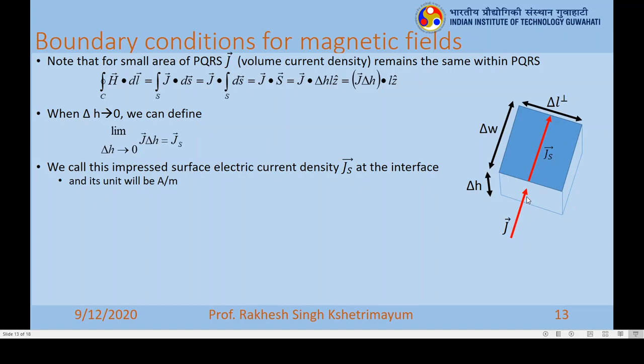Current flowing in the volume is volume current, and density of that is volume current density. Current flowing in the surface and density of that is surface current density.